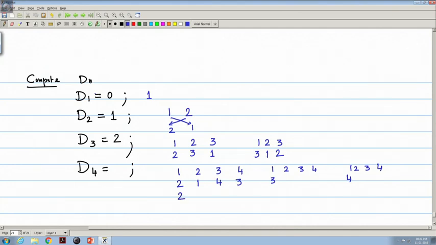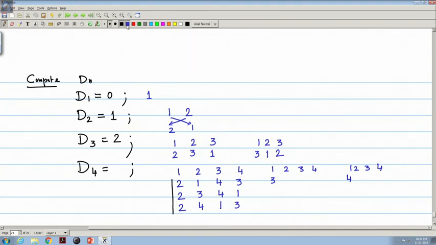Again, if it is 2, then 3 can come here, then 4 must come here, 1. So, 2 1 4 3, 2 3 4 1, and 4 can come here, but 3 must be there, 2 4 1 3. So, I get these 3.